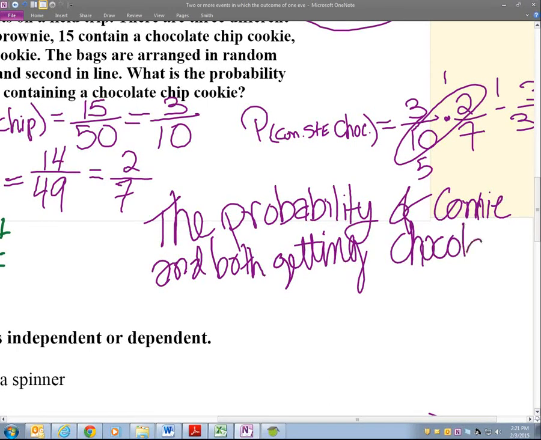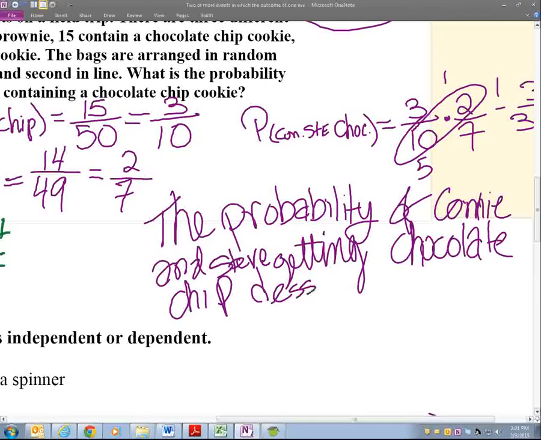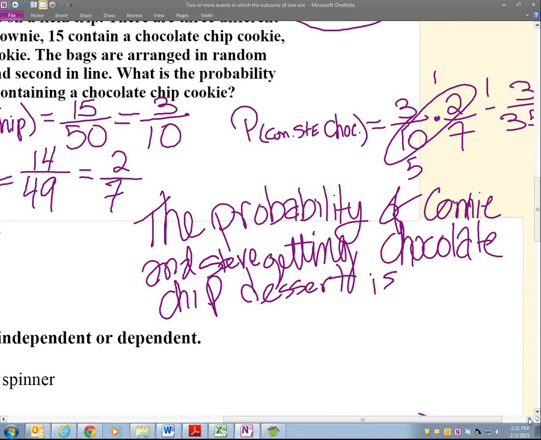What happened to Steve? He's up there. Yeah, he is. Oh, I almost left out Steve. Both getting chocolate chip dessert is, what is it, 3 35? 3 35ths.